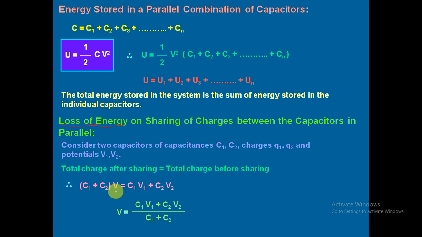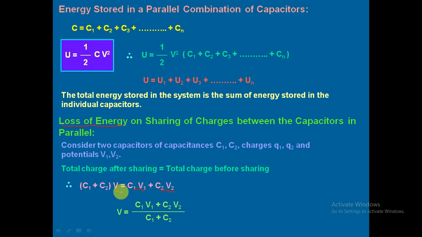After sharing, the potential is the same, so the total charge is C1 V plus C2 V, or simply (C1 plus C2) V. But before sharing, the capacitors have different potentials, so the total charge is C1 V1 on the first capacitor and C2 V2 on the second. The total charge remains constant.